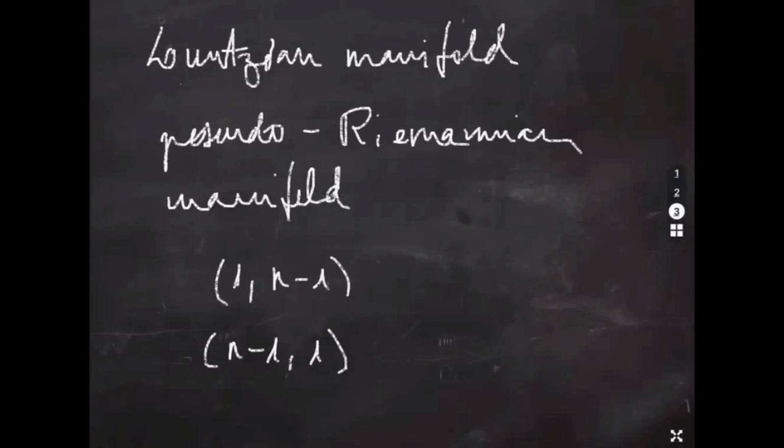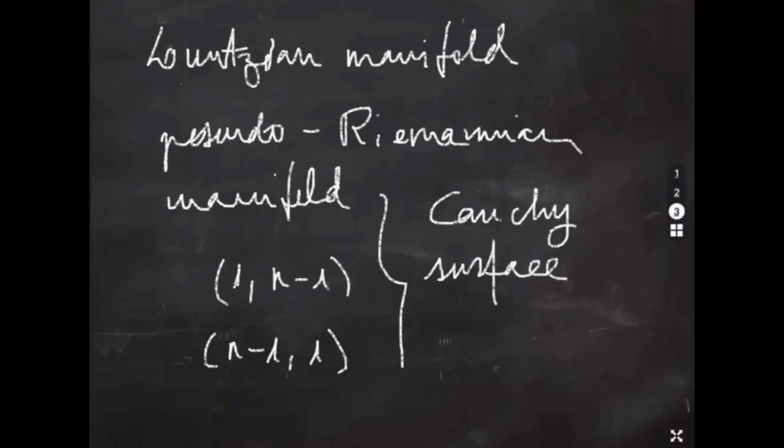And a Cauchy surface is a particular type of submanifold of a Lorentzian manifold, which is very commonly used in general relativity.